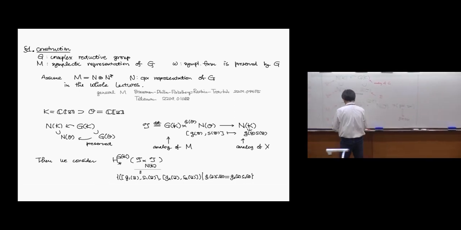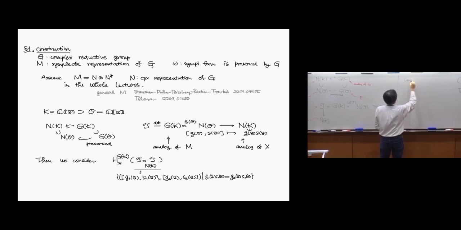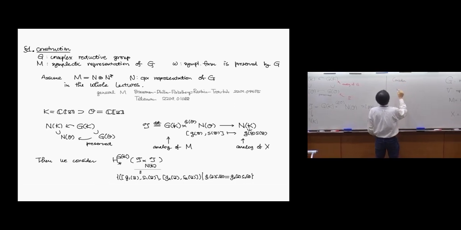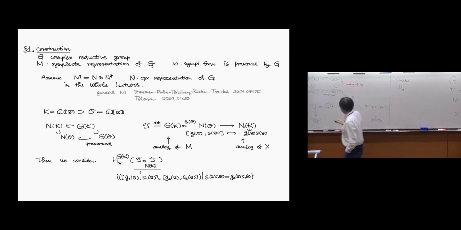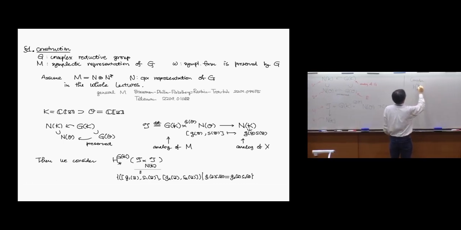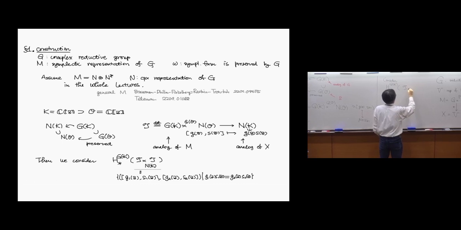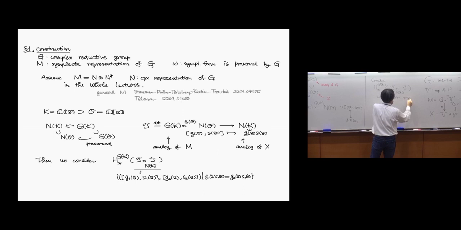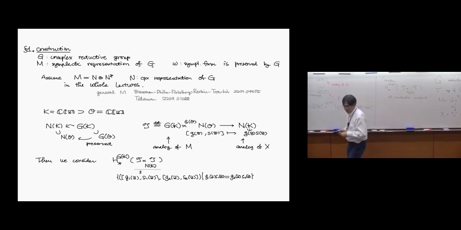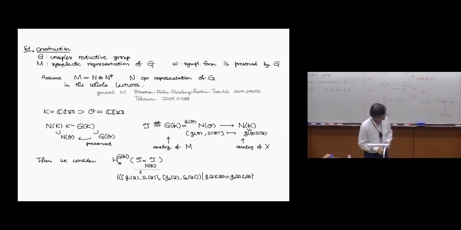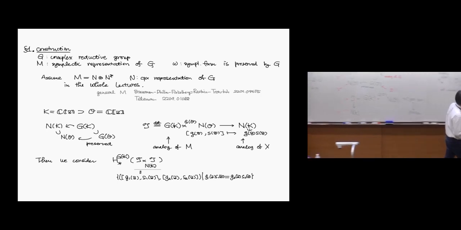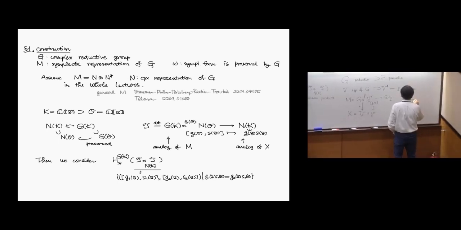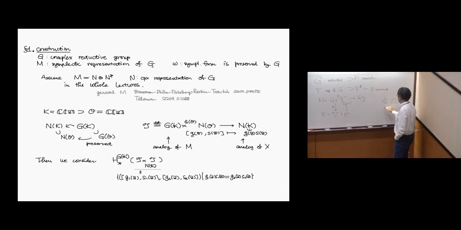So you consider H star, and on here you have an action of G of K. So this is formally the same as the thing which you consider in the finite dimensional case.